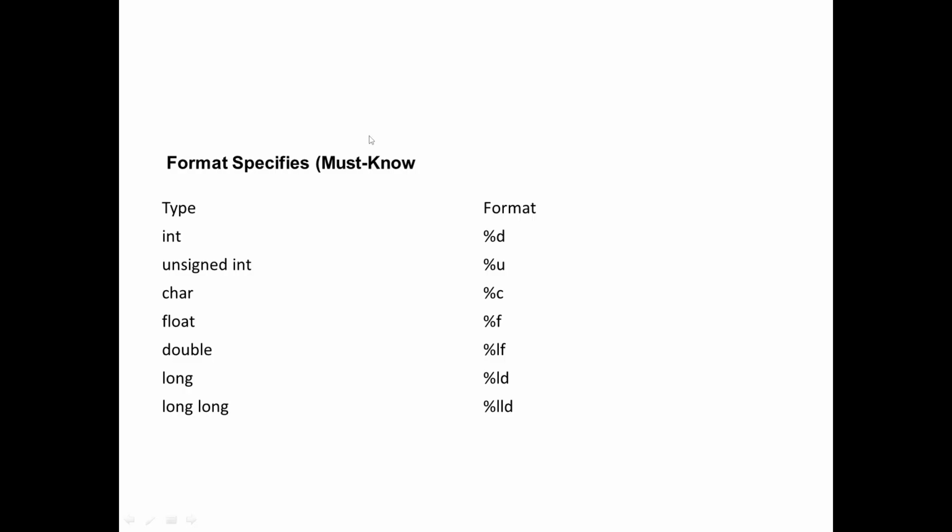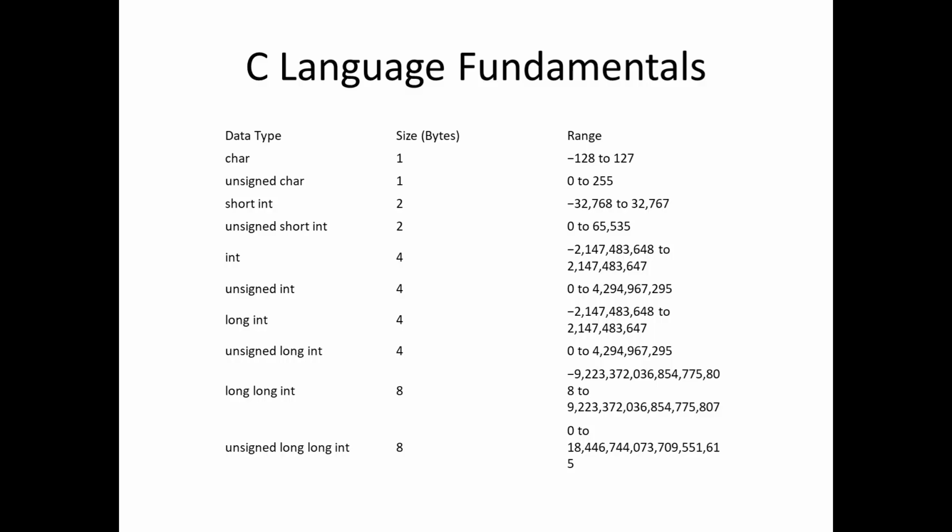You might need an age, and age is generally an integer type, and this is how we declare the variable: int followed by age, or you can give any name depending on your task. You can define the name of the variable, but the type is int because we want an integer, and the format to read or print that integer is %d.